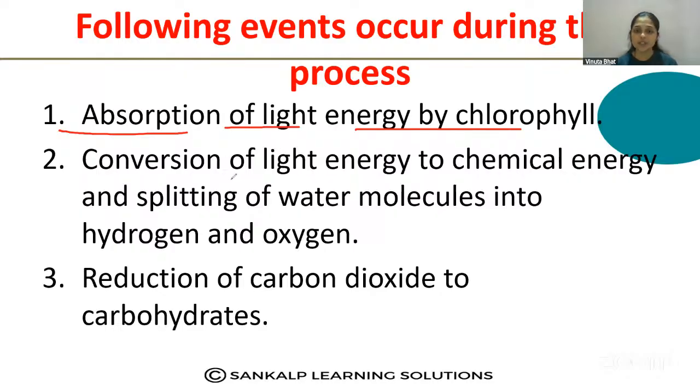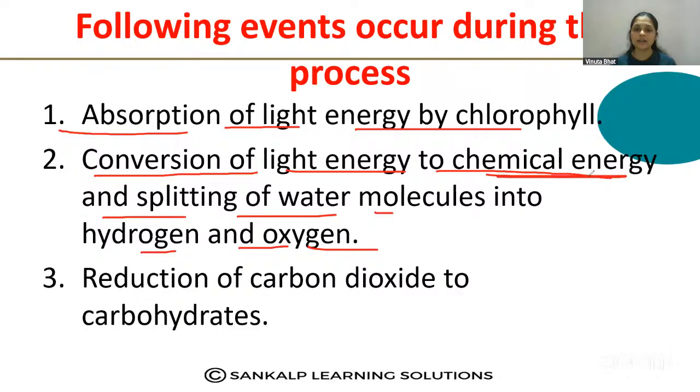Then, you know that chlorophyll is present in the leaves of the plants, and this chlorophyll is able to absorb the sunlight. And the second step in photosynthesis is conversion of light energy to chemical energy and splitting of water molecules into hydrogen and oxygen.